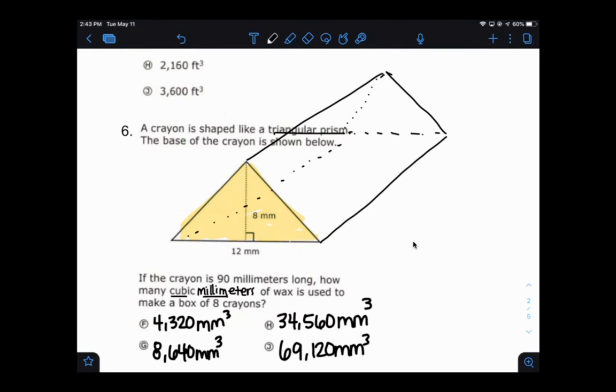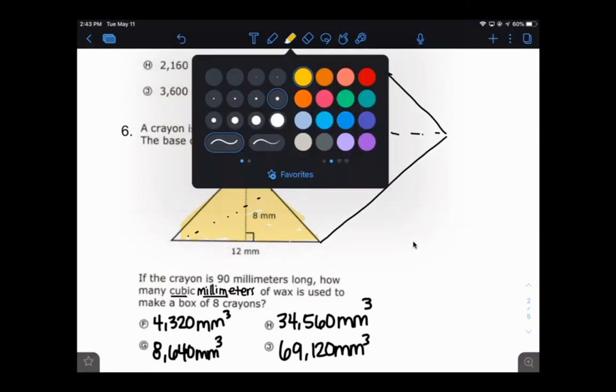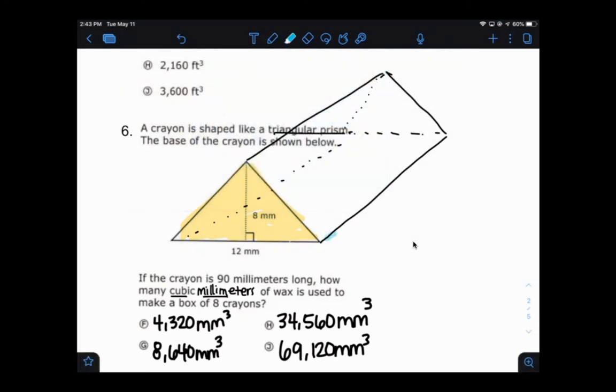And then the height or the length of that crayon, which is the distance between the two bases, will be this one. And it's going to be 90 millimeters long. So since that's the distance between the two bases, if you imagine, here, that's the other base sort of, 90 is the height of the prism.